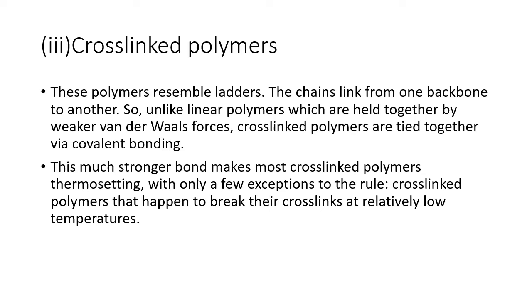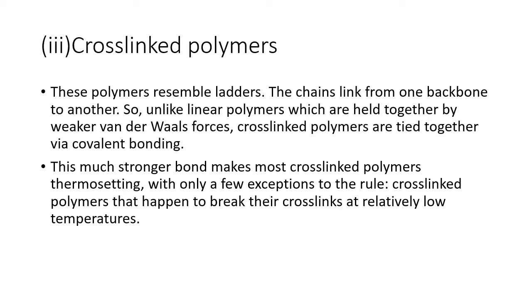These polymers resemble ladders, like a ladder-like structure. The chains are linked from one backbone to another. So unlike the linear polymers which are held together by weaker van der Waals forces, cross-linked polymers are tied together via covalent bonding.